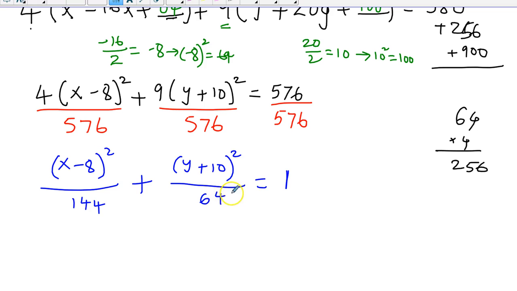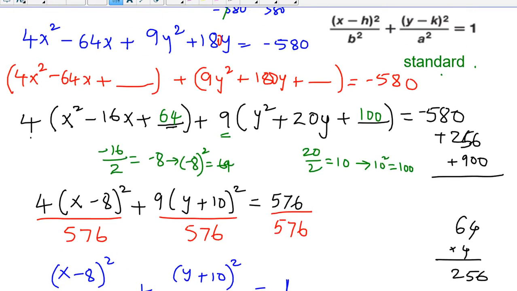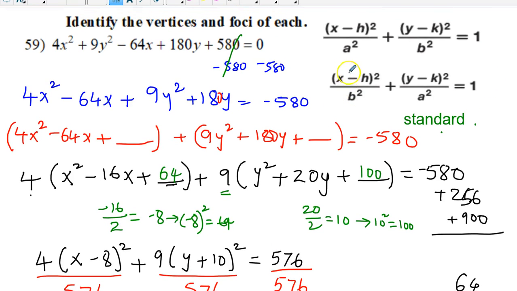Now you see, it is just like the standard form of the equation of an ellipse, and a square is greater. That 144 has to be your a square and 64 is your b square.